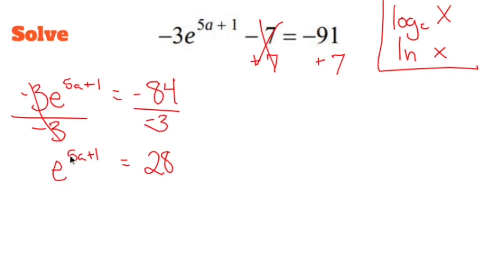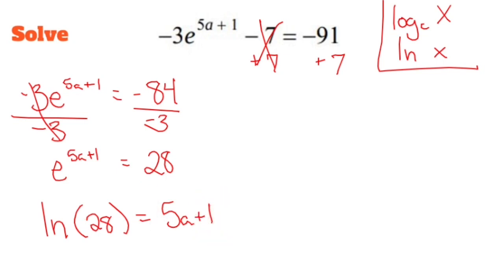Now, I can't do anything when I have variables living inside the absolute, or living inside an exponent. So what I can do is rewrite this as a log. Keeping in mind this happens, I could write out log base e, but I know log base e is the same as ln. So I have ln of 28 is going to equal 5a plus 1.